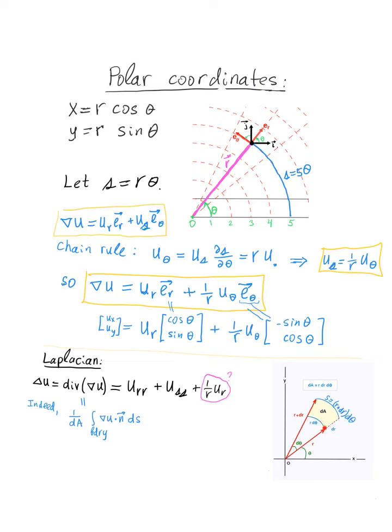The inside arc is the radius times the angle, so r dθ. The outside arc has a longer radius, so there is an extra term, dr times dθ.